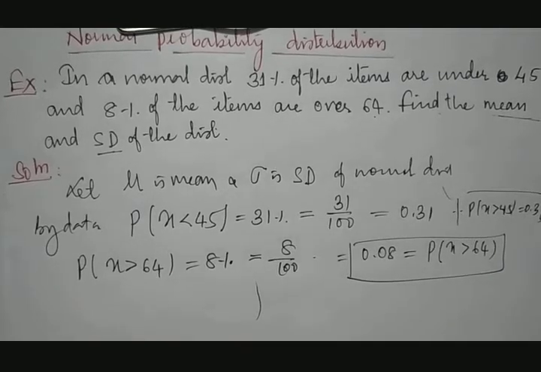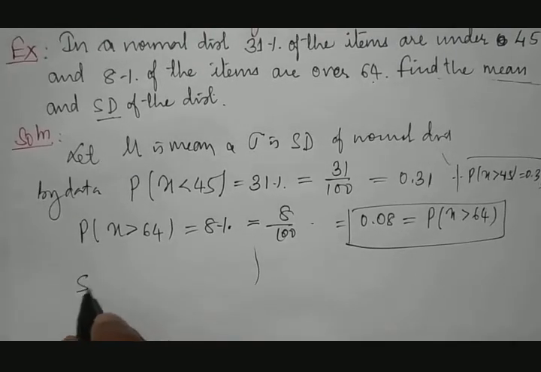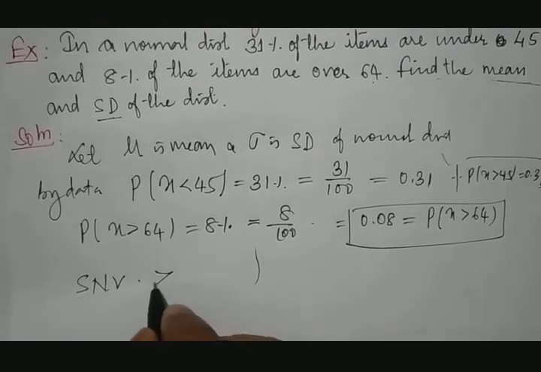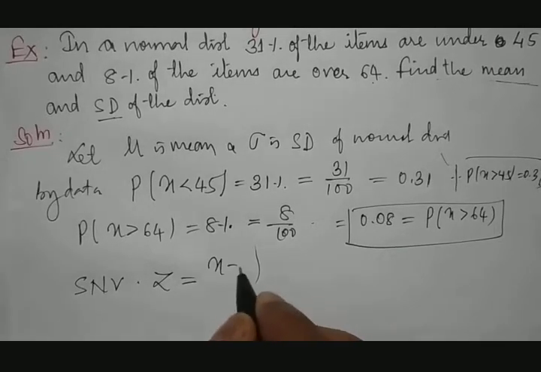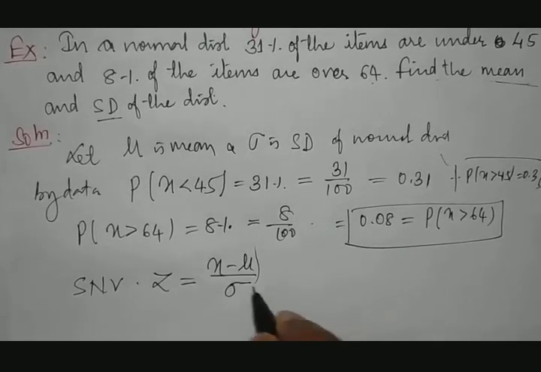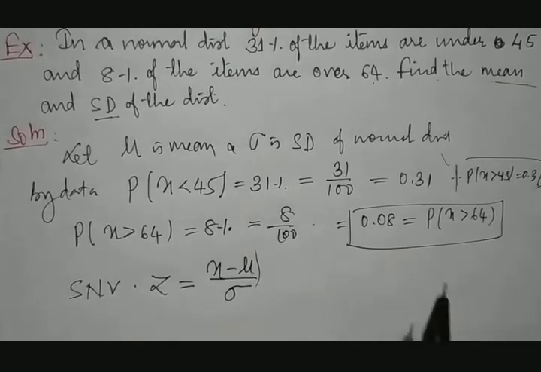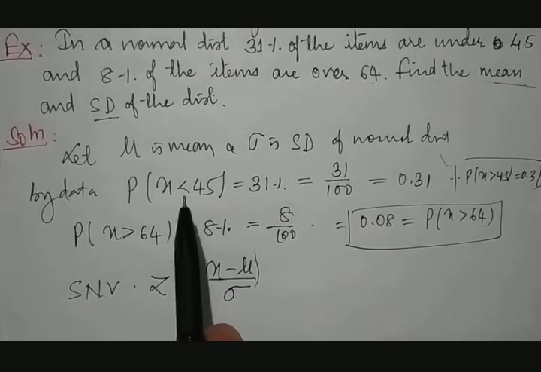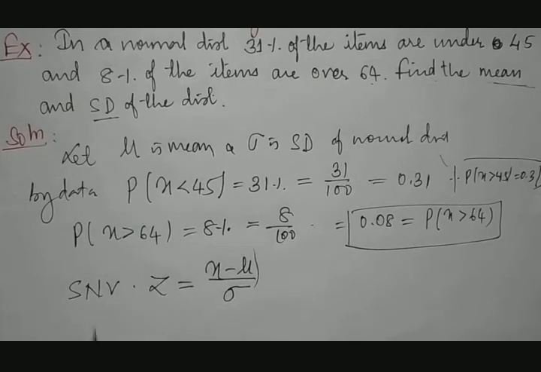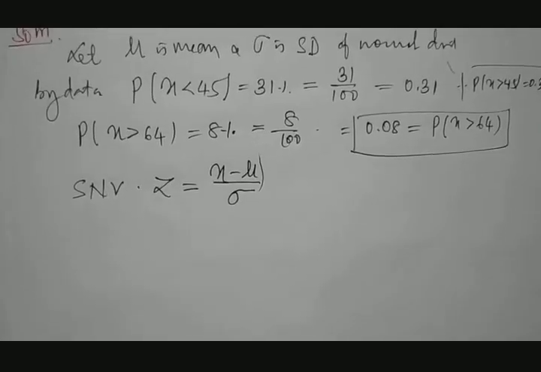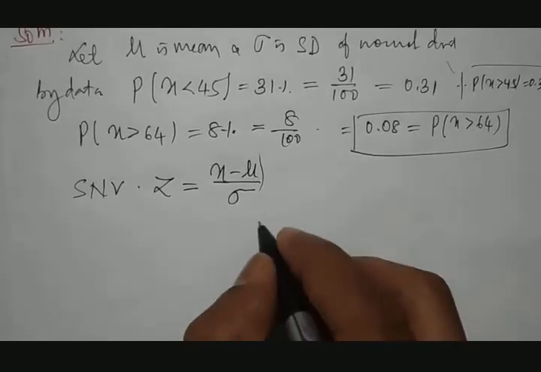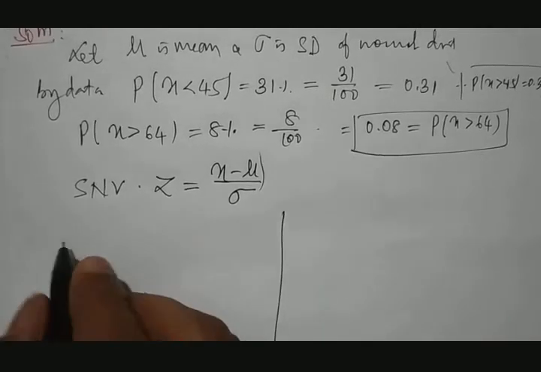Fine. Then the standard normal variate, that is Z, is nothing but x minus mu divided by sigma. That is to be calculated. So there are two cases now: one where x is 45, the other where x is 64. I'll make a partition and take them separately.